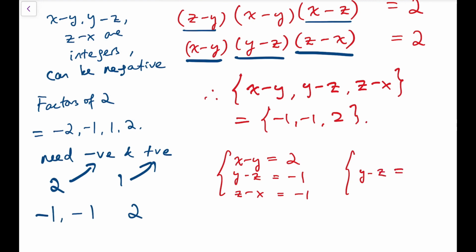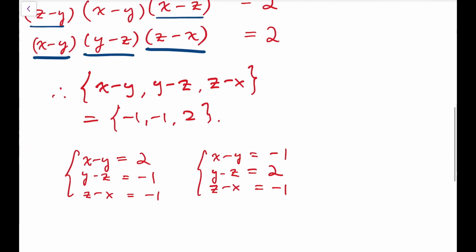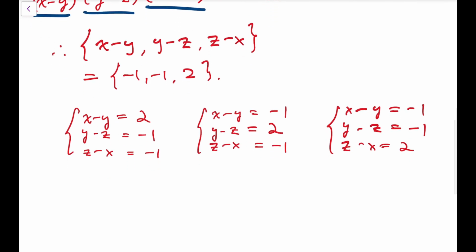Or can I have y minus z be 2 and the other 2 expressions be -1? Of course, we can have the third combination, which is that z minus x equals 2, and the other 2 will take -1.